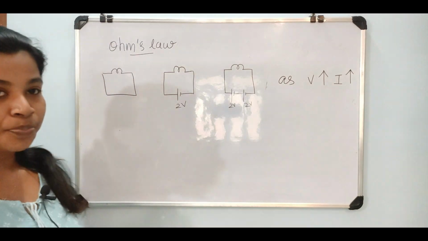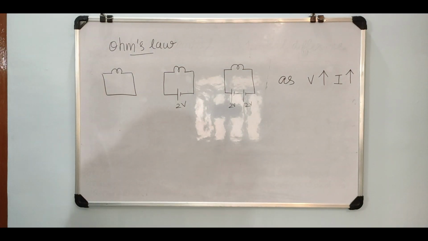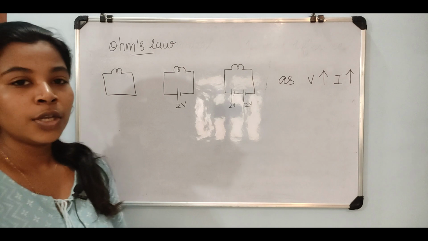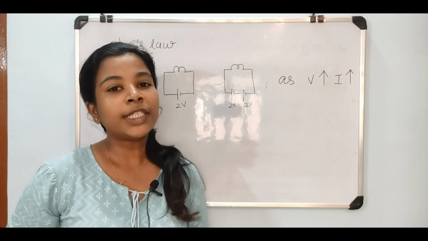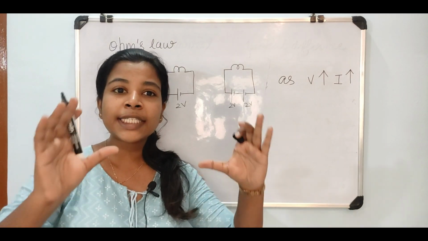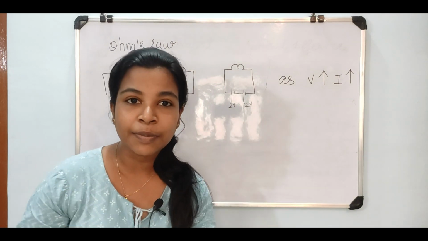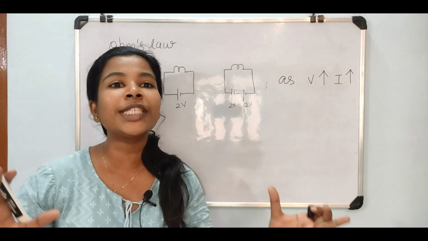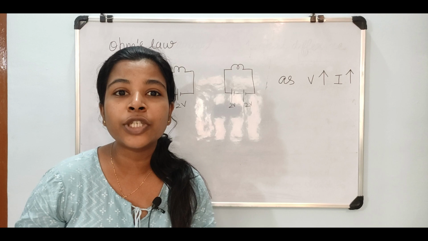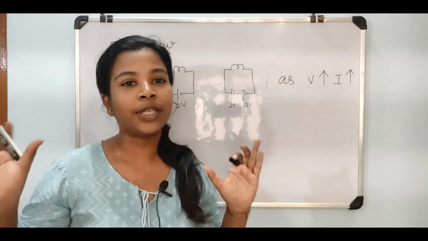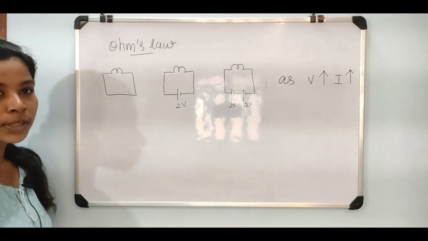Ohm's law states that as long as the circuit remains the same, the potential difference across a circuit is directly proportional to the current through the circuit. So, what does Ohm's law state?